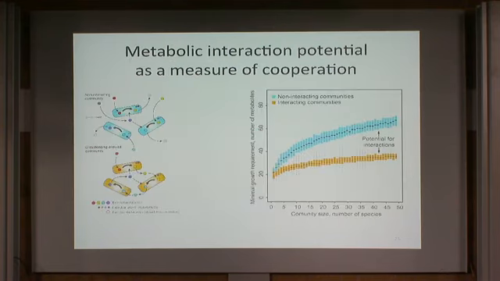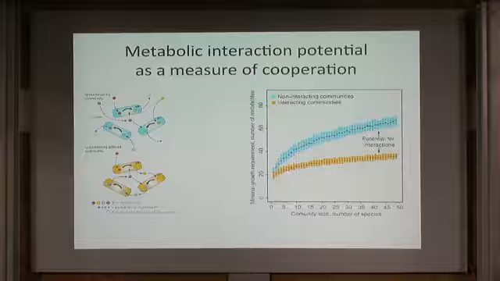However, imagine that sometimes the environment is changing constantly, and it would be beneficial for species if, when they cooperate, they could survive on a smaller amount of nutrients. In this case, you see two communities, one non-interacting and another interacting.